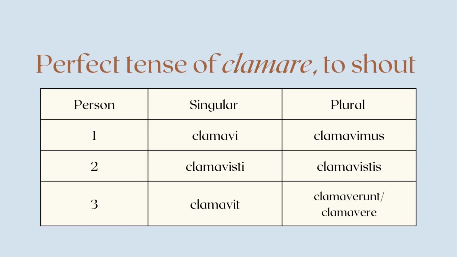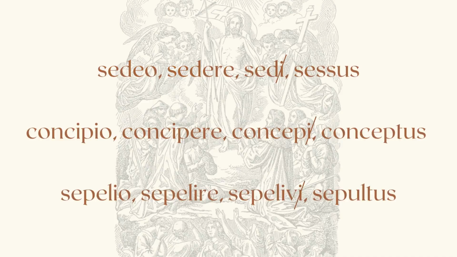For examples of the four parts of other conjugations, here is the second conjugation verb sedere, and you can see sedeo, sedere, sedi, sessus. The perfect tense stem is sed. For concipere, the perfect tense stem is concep.